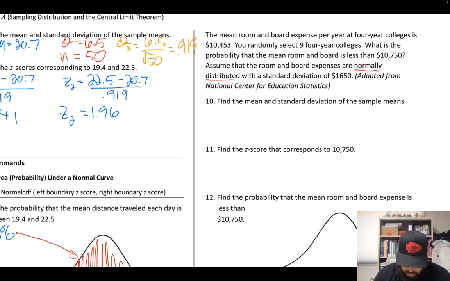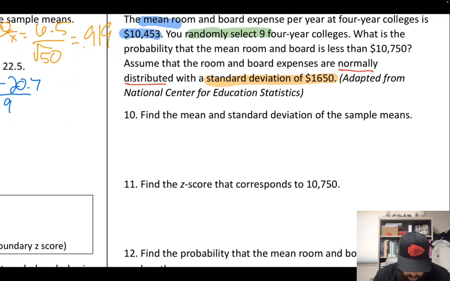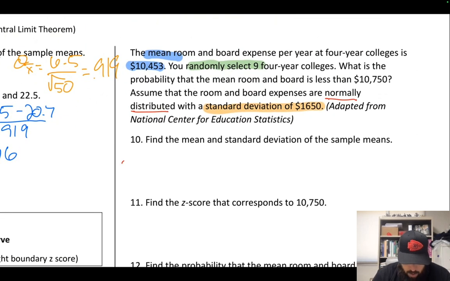So our mean is there. Randomly selected, our n is 9, and we have a standard deviation of 1650. Okay, so the mean of our sample means is equal to the mean, which is 10,453.